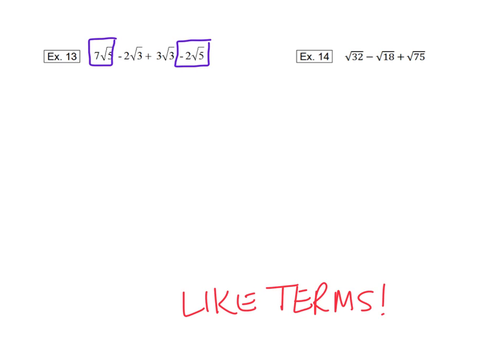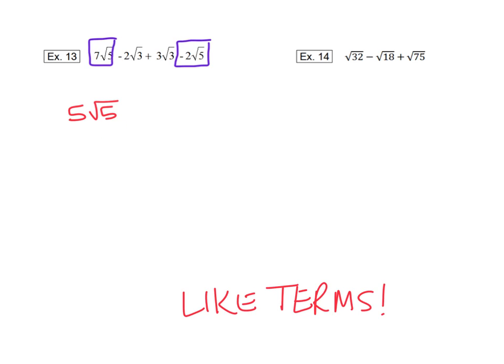Because they both have a square root of 5, those go together. Then all that you do is you look at the number out front, kind of like a coefficient in front of a variable. You have a 7 square roots of 5 minus 2 square roots of 5. 7 minus 2 is 5, and the square root of 5 stays exactly the same. So we took this 7 minus 2 and got 5 square roots of 5.